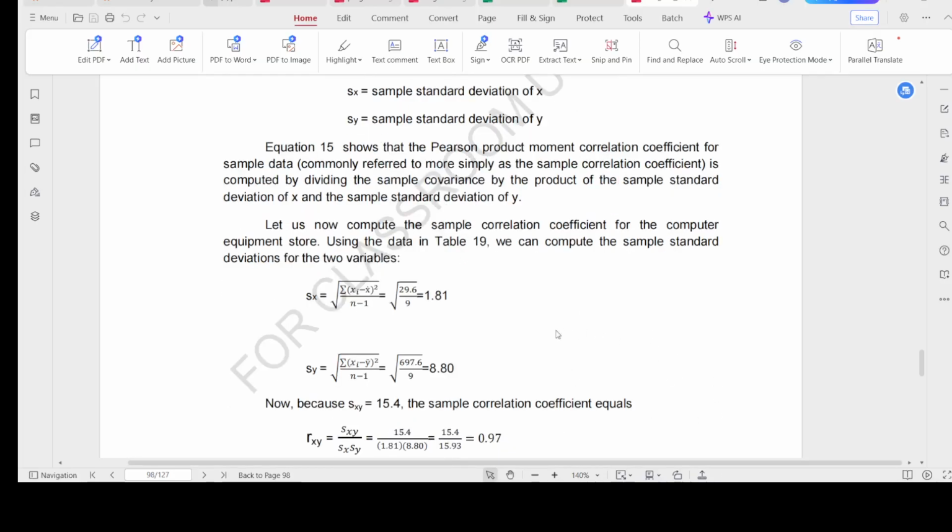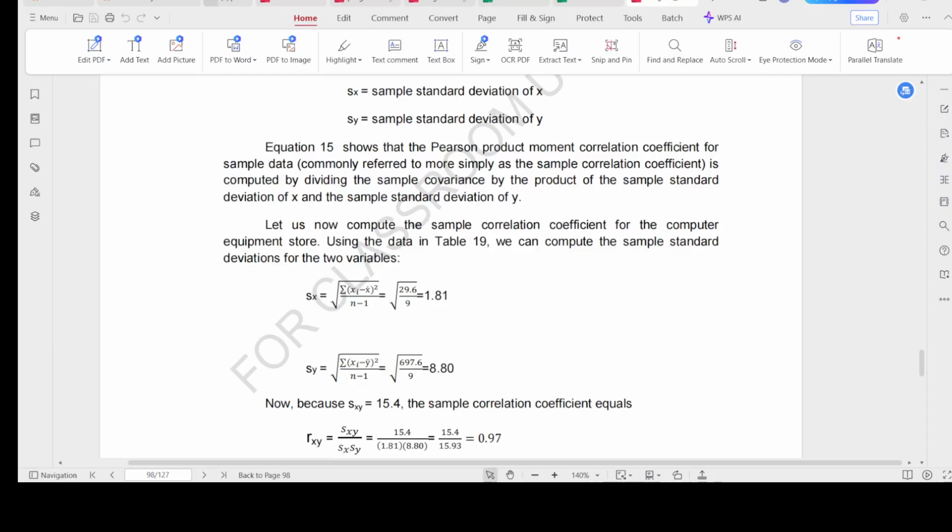So we are going to have our table for that. We're going to compute the summation of x minus x bar squared.